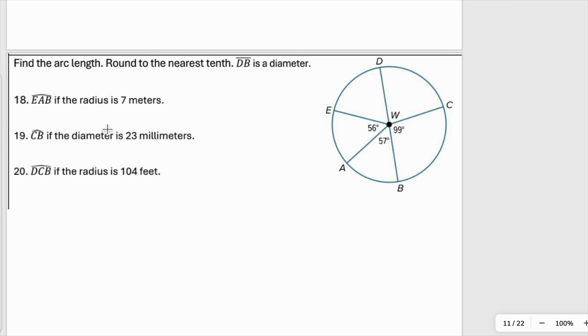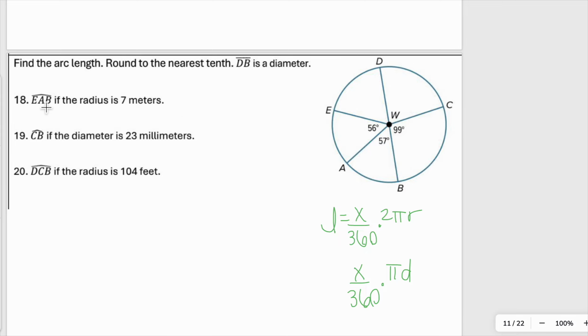Next up, we have finding arc lengths, and rounding to the nearest tenth. DB is the diameter, so that's going to help us with a few of those questions. Remember, arc length is a fraction of 360 times the circumference. You could do x out of 360 times 2 times pi times radius, or x out of 360 times pi times diameter.